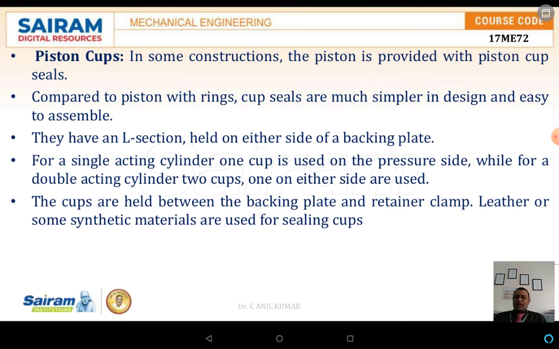For a single acting cylinder, one cup is used on the pressure side, while for the double acting cylinder two cups are used on either side. The cups are held between the backing plate and the retainer clamp. The leathers or some synthetic materials are used for the sealing cups.